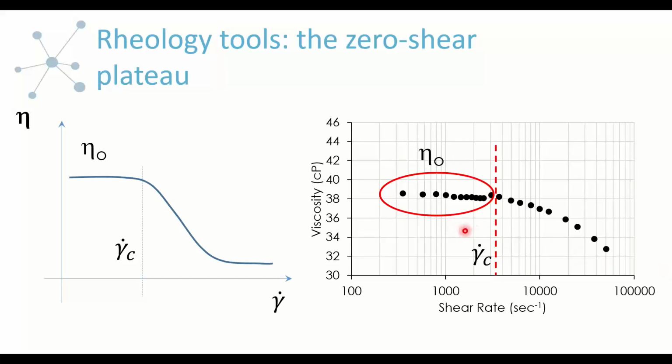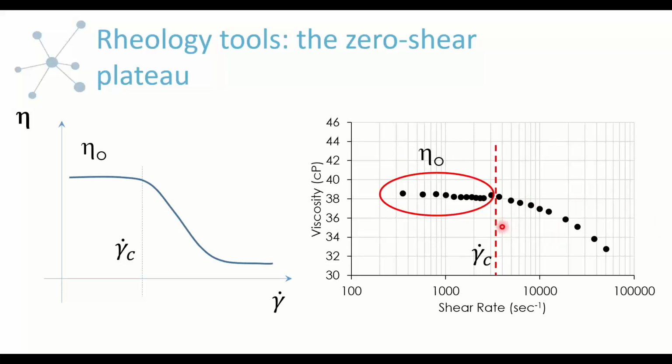On our bovine gamma globulin data here, we are on the zero shear plateau over the shear rates tested here from about 300 inverse seconds to almost 3,000 inverse seconds. And that is definitely greater than zero. So zero shear plateau just means low shear rates or Newtonian plateau.